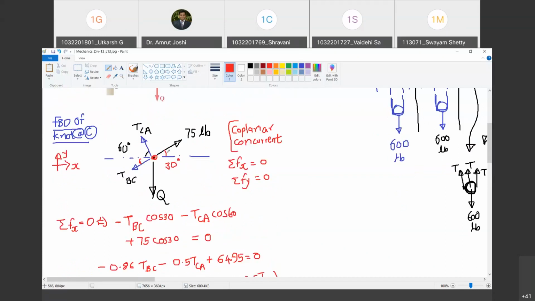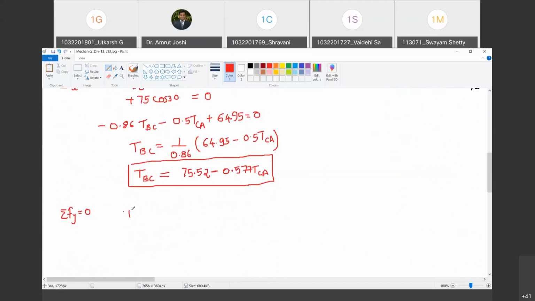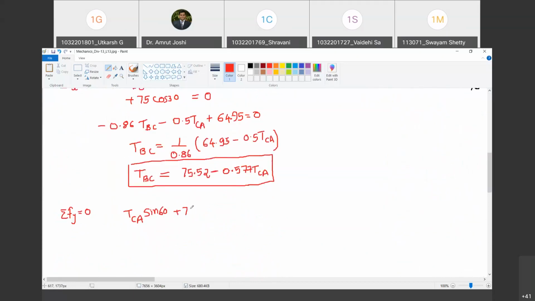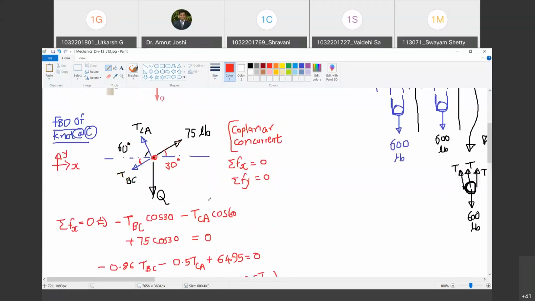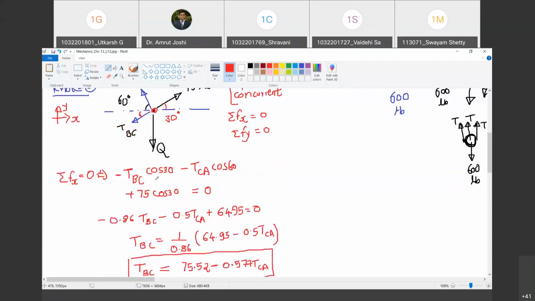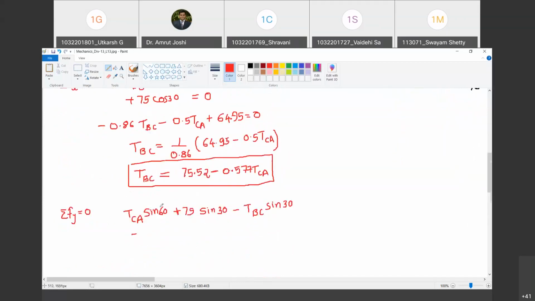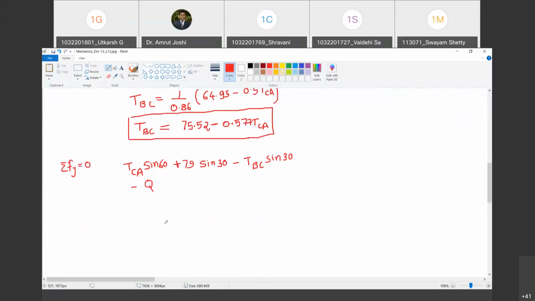It will be TCA sine 60, plus 75 sine 30, minus TBC sine 30, minus Q, because it has no angle, it is directly perpendicular to the x-axis. So now this must be equal to 0.